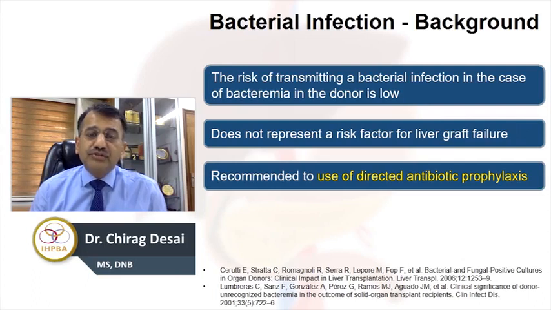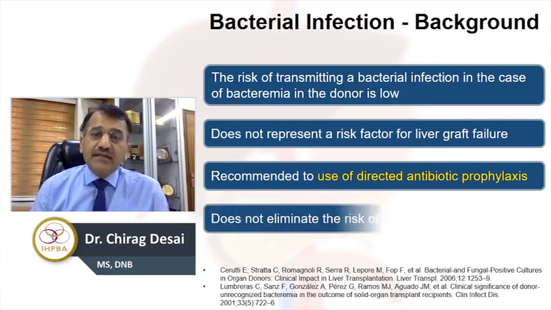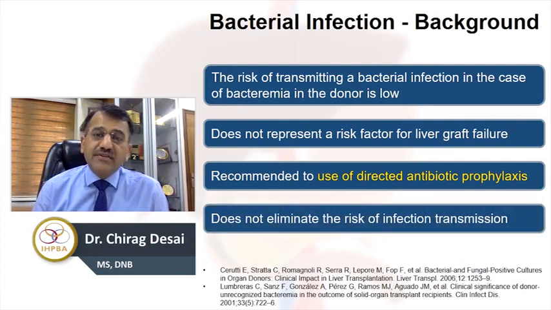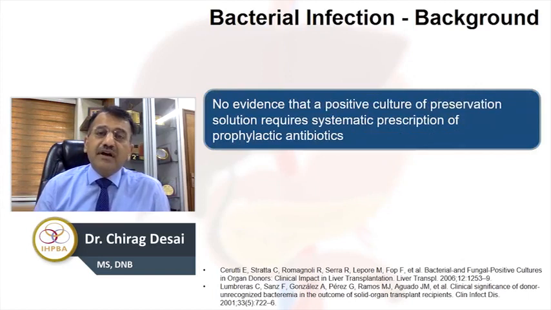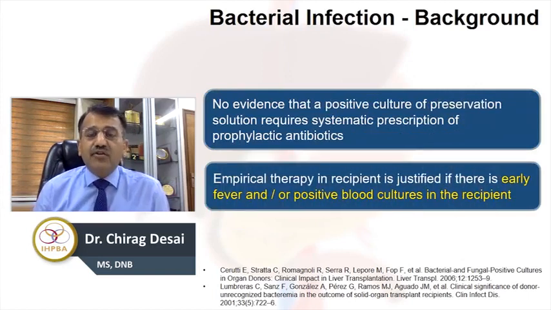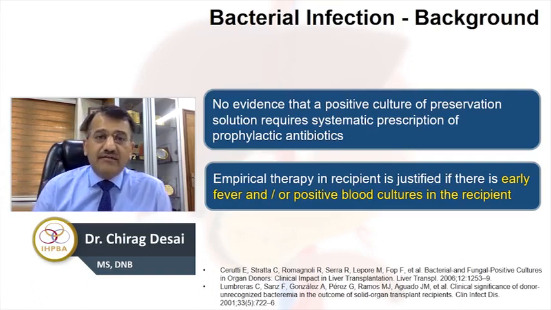As many doses as possible should be given to the donor before the organs are retrieved. Even when antibiotics are given, it does not completely eliminate the risk of transmission of infection, but it is manageable. If a recipient shows high-grade fever or positive culture, then they should be given a high dose of appropriate antibiotics, and it should be taken care of.